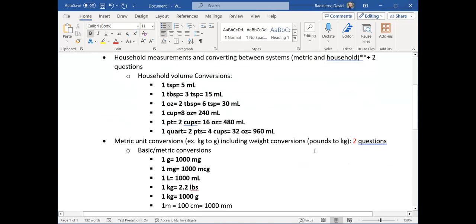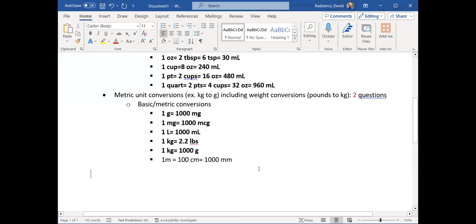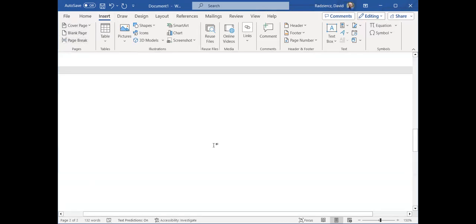So let's look at maybe some examples using these things. I'm just going to skip down and write up a couple examples, and we'll look at those. So let's say they want us to convert from the household measurements to the metric system.